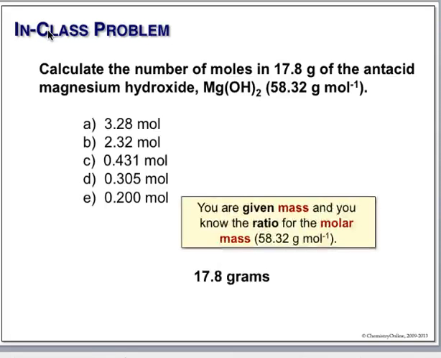We're going to use our molar mass as a ratio, grams per mole, but we have to set this up with grams in our denominator so they will cancel. Basically, mass divided by molar mass gives us moles. 0.305 moles of magnesium hydroxide.